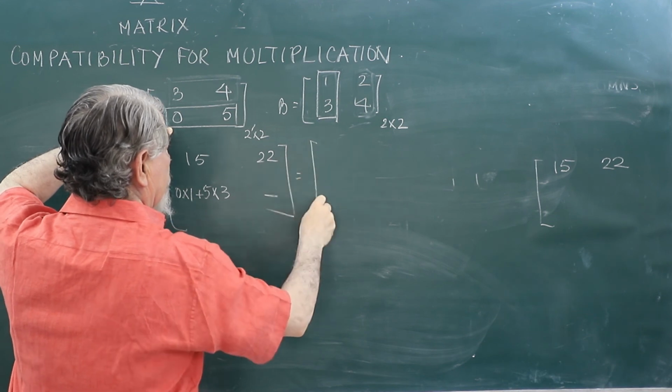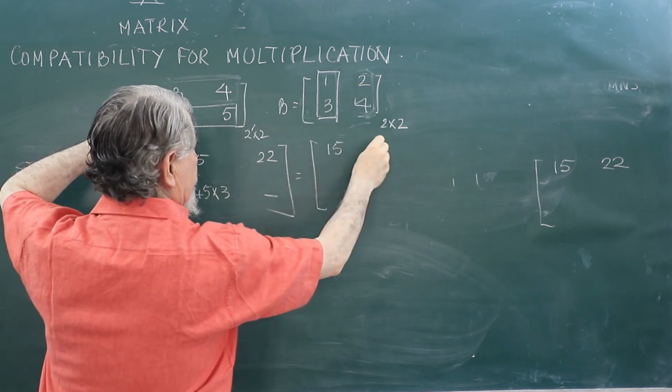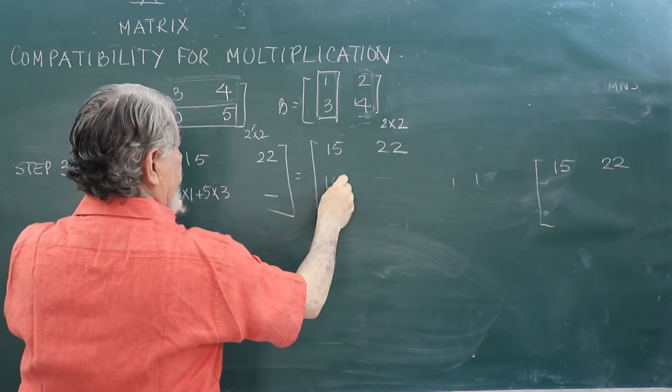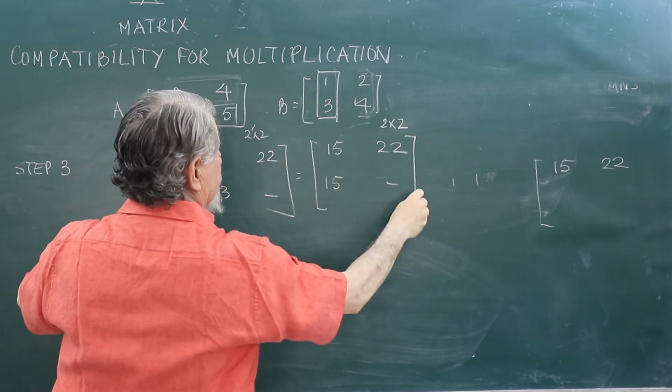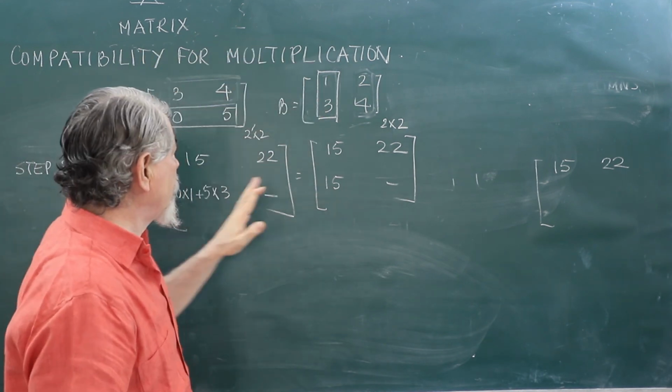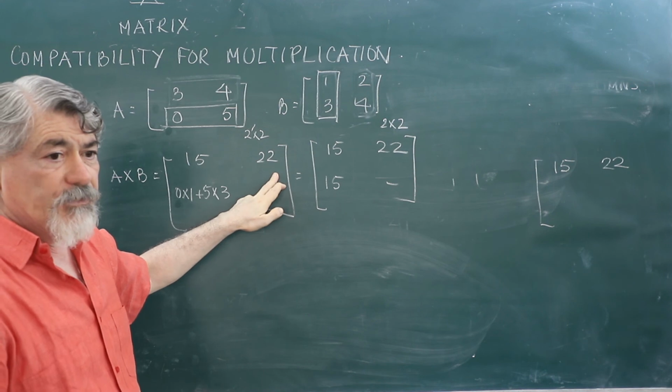So what will you get? 15, 22, 0 plus 15, it will be 15, and blank. So first row, first column, first row, second column, from that we got 15, 22.